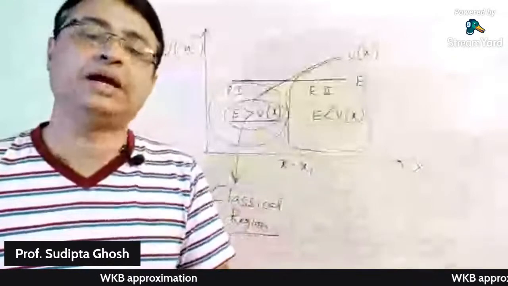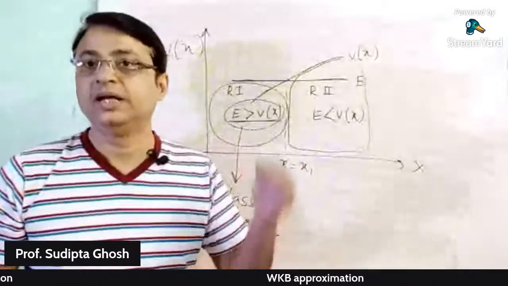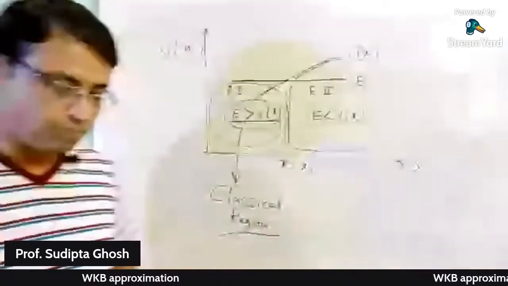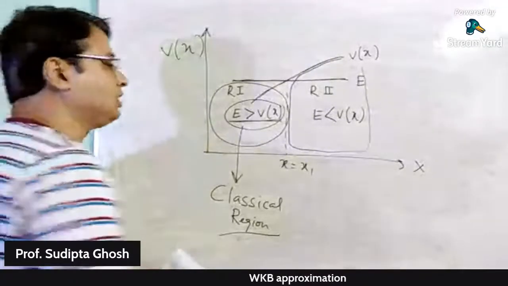In quantum mechanics, particles can penetrate into the region in which the energy of the particle is less than the potential of the region, and this is the non-classical region.